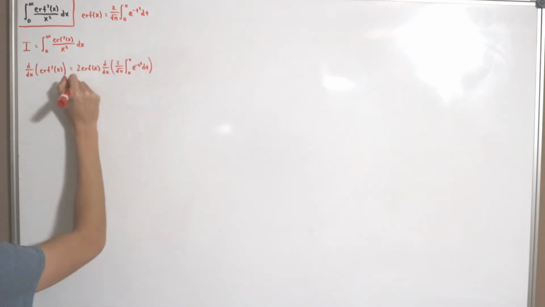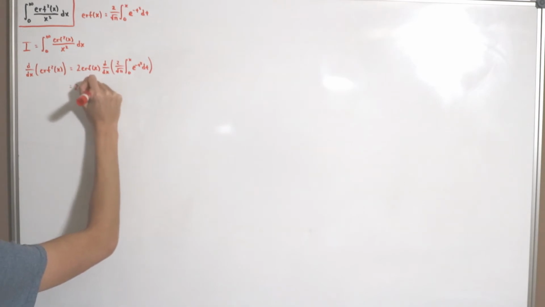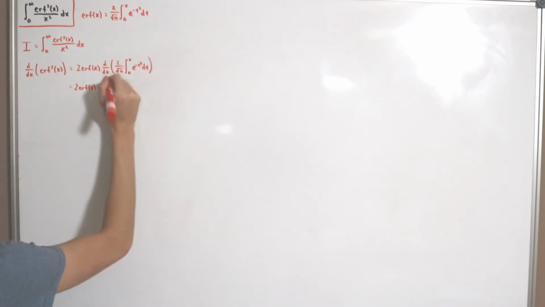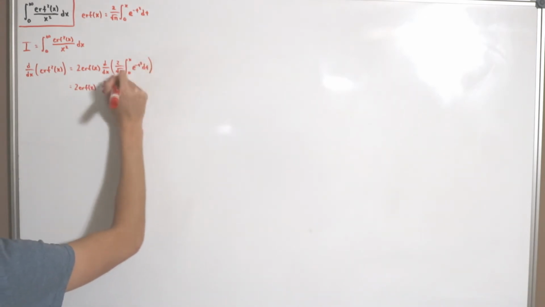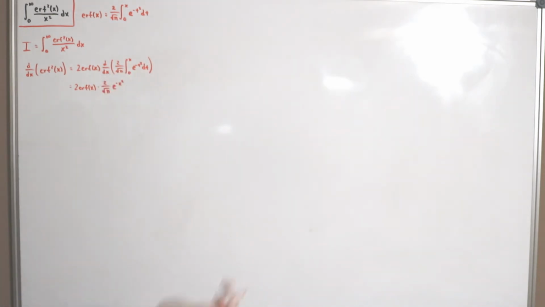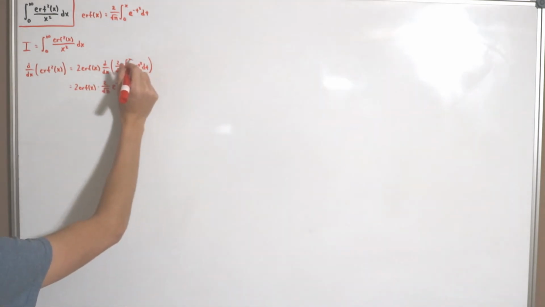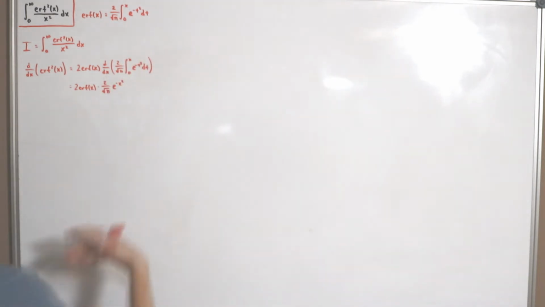Therefore we get 2 times the error function of x, multiplied by 2 divided by the square root of pi, multiplied by e to the negative x squared. Also by the fundamental theorem of calculus, since we differentiate the upper bound, whose derivative is just 1, it's good on its own.